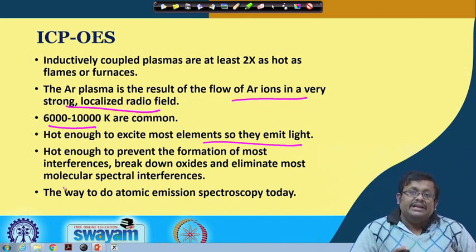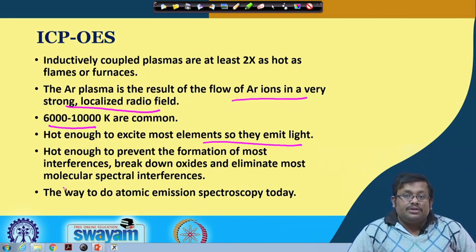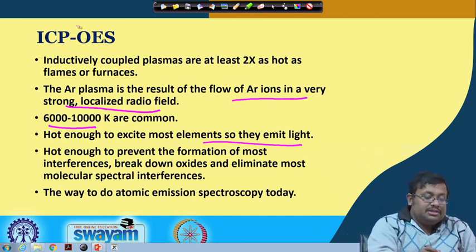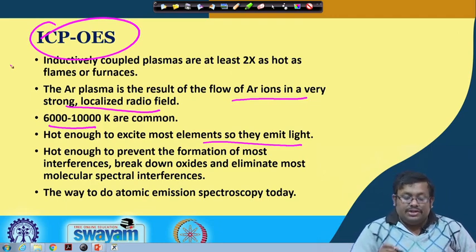So this high temperature is very important for removing any interferences that could be possible in other methods. Nowadays in advanced countries, in more advanced laboratories, they use this method for measurement of available nutrients.